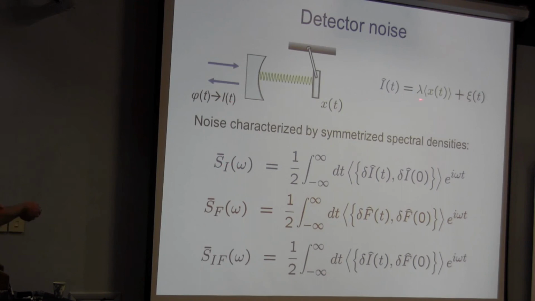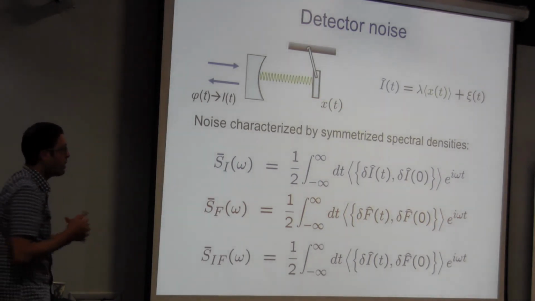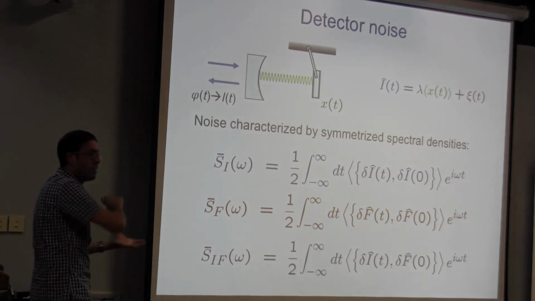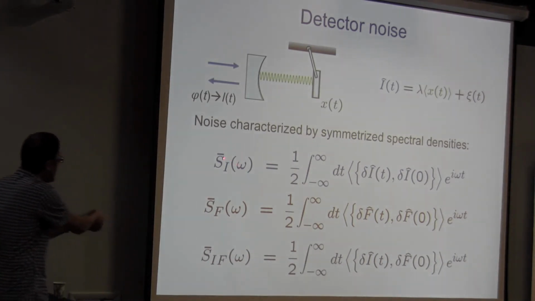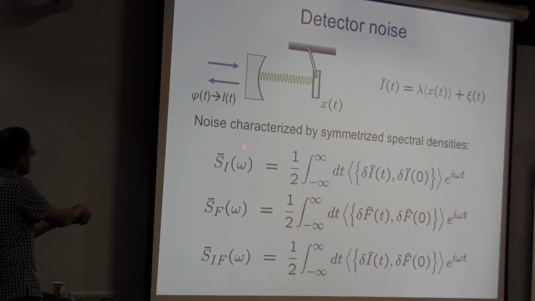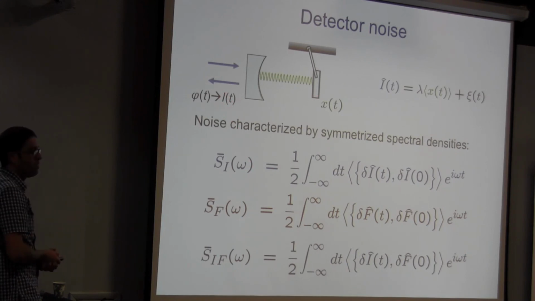And again, because I'm interested in a weak measurement, a weak coupling between the motion of this oscillator and the cavity, I'm going to be interested in knowing these noise spectral densities at zero coupling to the mechanics. So I want to understand the properties of my cavity before I even couple the mechanical resonator to it. So what this S-bar_I represents is the fluctuations in this photocurrent when there's no coupling to the mechanics at all.